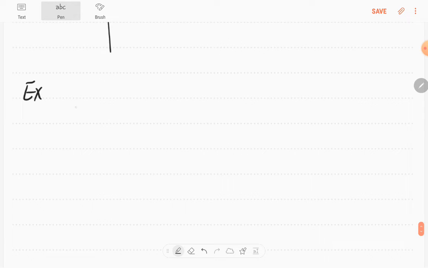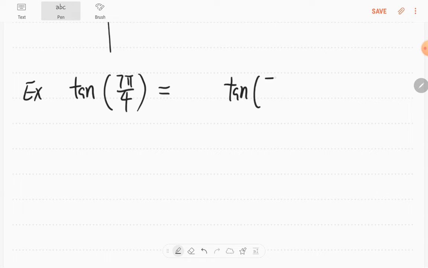If you have tangent of 7 pi over 4, we know that it should be equal to the tangent of the reference angle, which is pi over 4, right?